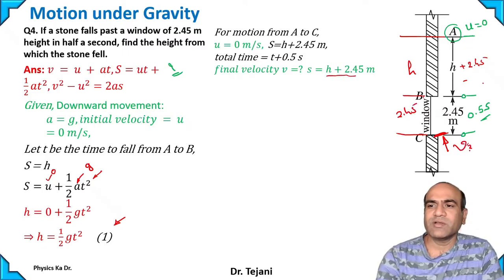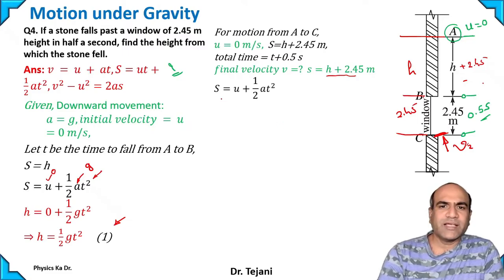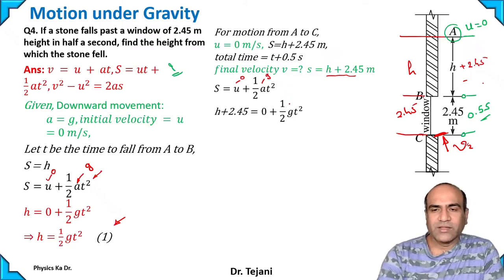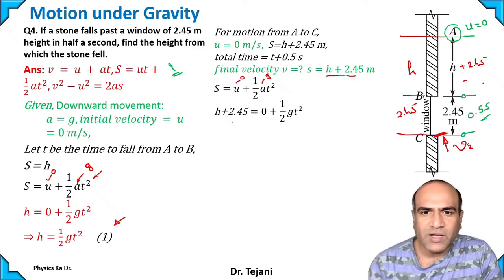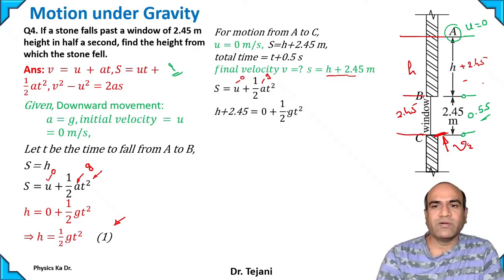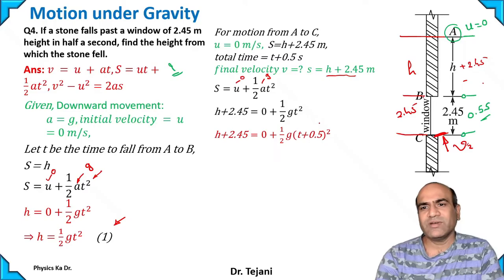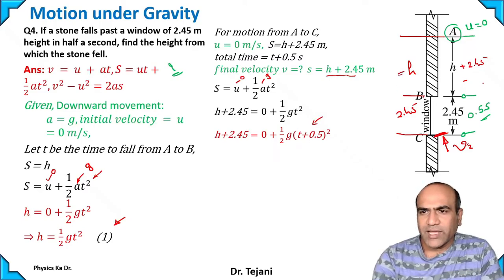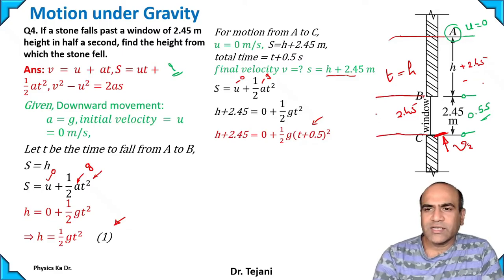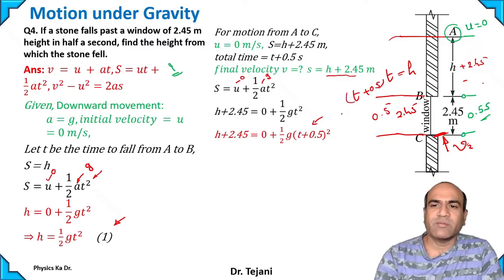Put the values here. s is equal to u t plus 1 half a t square, initial is 0, a is equal to g, and t we don't know. So h plus 2.45 equals 1 half g t square, and we know that from B to C it is taking 0.5, so the total time becomes t plus 0.5. That is the total time of travel.